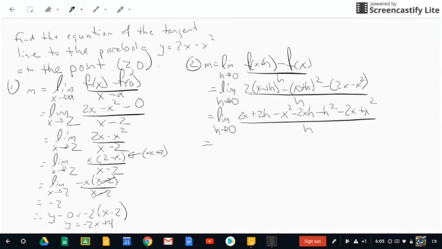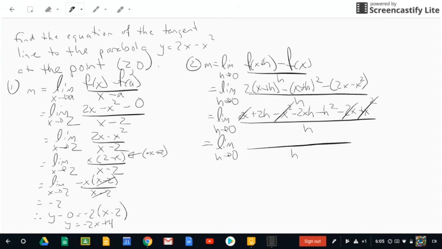Now, one of the really fascinating things about first principles is when I simplify this, this is all over h here, notice that the 2x term cancels with the negative 2x term. The negative x squared cancels with the positive x squared. And what I'm left with are three different terms, but notice that each one of them has an h in it.